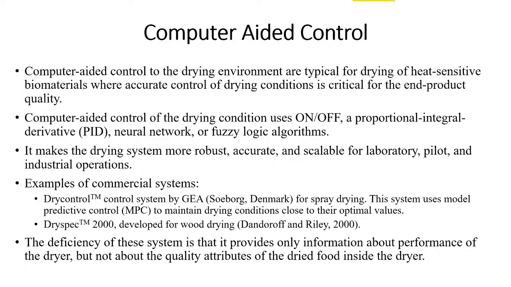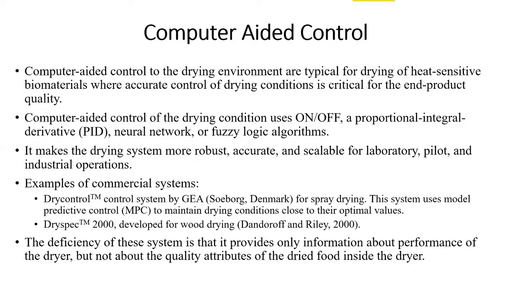With this system, we can control the temperature or the condition inside the drying chamber more closely. The deficiency of this system is that it provides only information about the performance of the dryer.